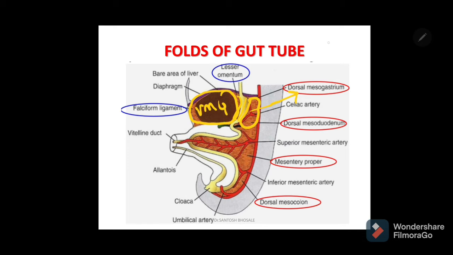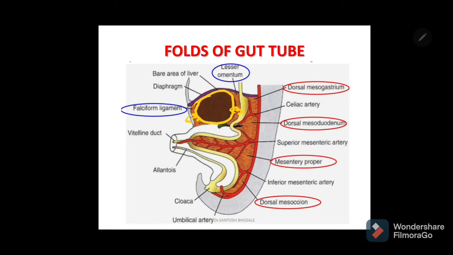Within the ventral mesogastrium, there is development of the liver, dividing the ventral mesogastrium into the part between the anterior abdominal wall and liver, which is the falciform ligament, the part between the liver and stomach, which forms the lesser omentum, and the part around the liver, which forms the peritoneum of the liver.